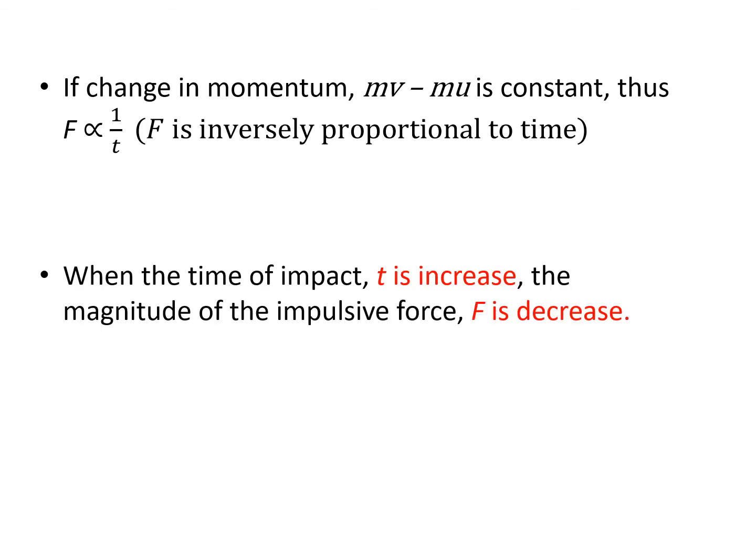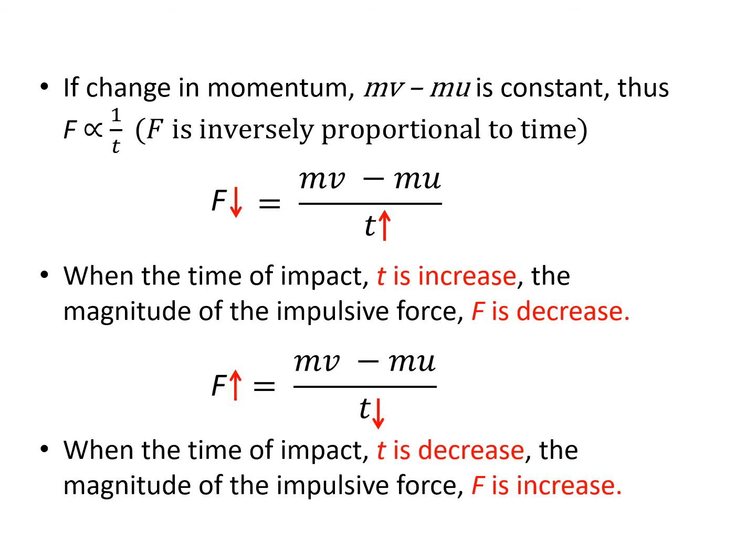We can conclude that when the time of impact increases, the magnitude of the impulsive force decreases. And as the time of impact decreases, the magnitude of the impulsive force increases.